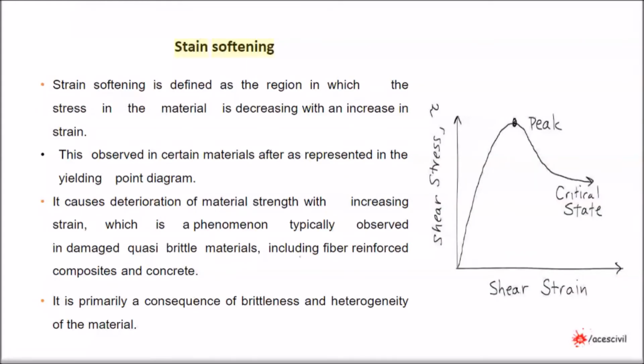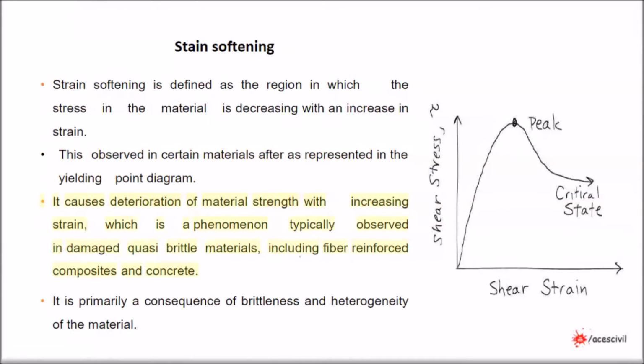Strain softening. Strain softening is defined as the region in which the stress in the material is decreasing with an increase in strain. This is observed in certain materials, as represented in the yielding point diagram.